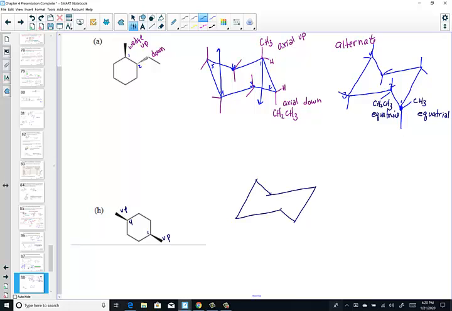I like to just call that carbon 1, 2, 3, 4. So up, and then the equatorial would be down. Here's my methyl group. This equatorial would be like this, and then like this, and then like this, and so forth. We're just alternating as we go around the ring.